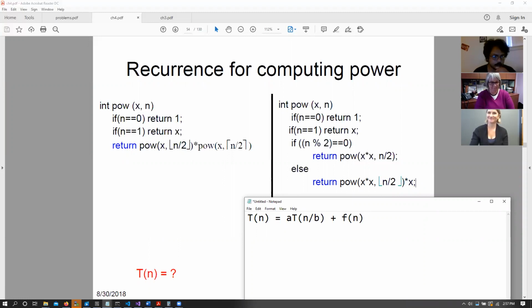So I have 1 equals 2 T of n by 2 plus 1, and 2 equals T of n by 2 plus 1. 2 T of n by 2 plus theta of 1, yes. And what about 2? T of n by 2, T of n by 2 plus 1.